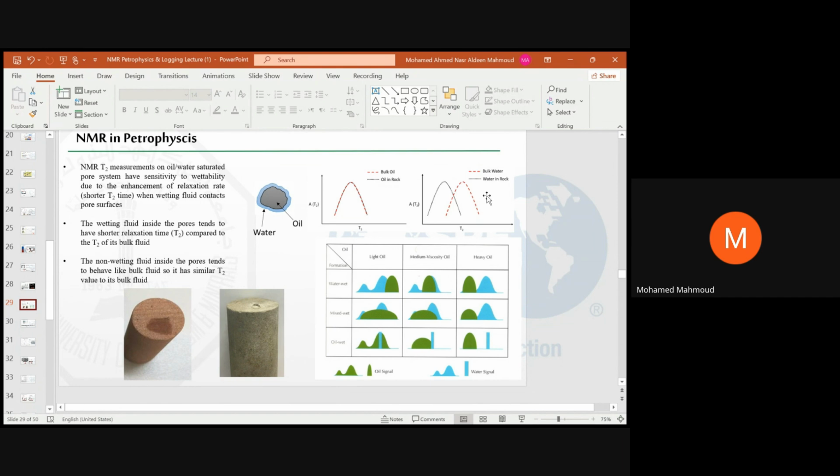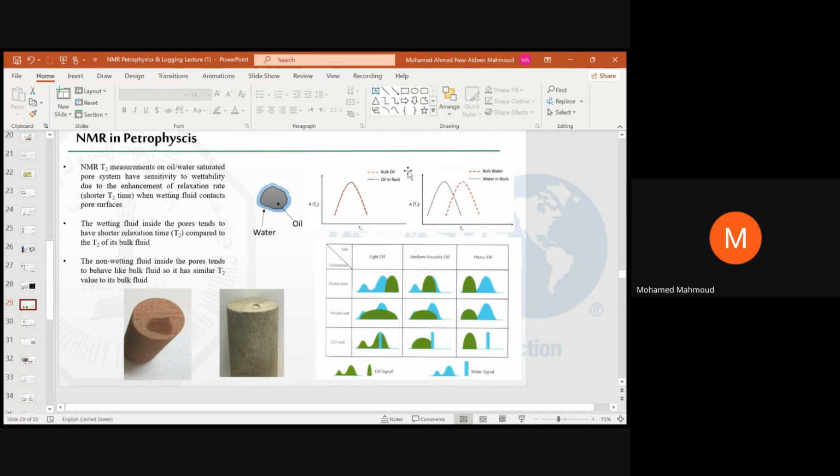If no shift happens at all, like this one, this is bulk oil and oil in the rock, it means the rock is, for example, water wet. And if you have this case, it could be oil wet. So we have developed some quantitative assessment for wettability estimation from NMR.